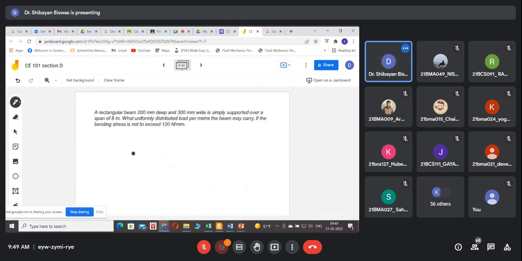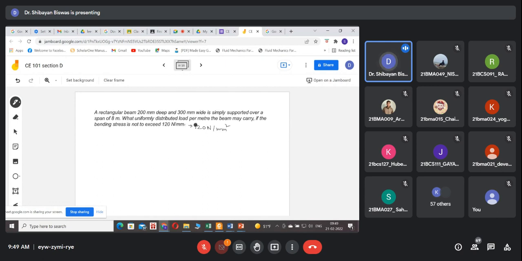So you can just write down the problem. A rectangular beam where the depth is 200 millimeter and the width is 300 millimeter. It is simply supported over a span of 8 meters.